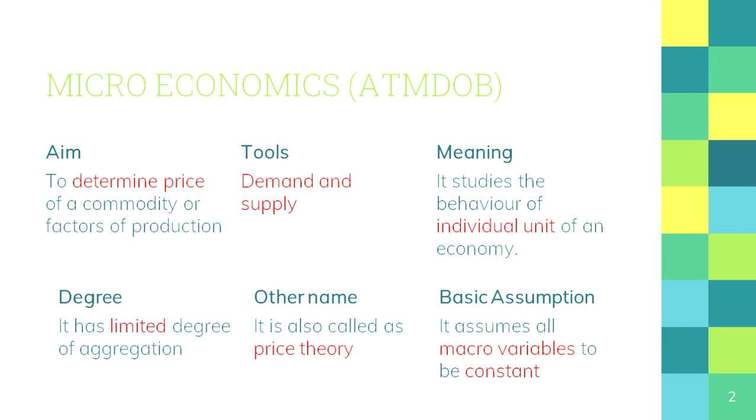If we have to learn microeconomics, we have to assume that all macro variables are constant. Now, what are macro variables? When I say macro variables, they are aggregate demand. So when we learn about the demand of one individual, it is called microeconomics.